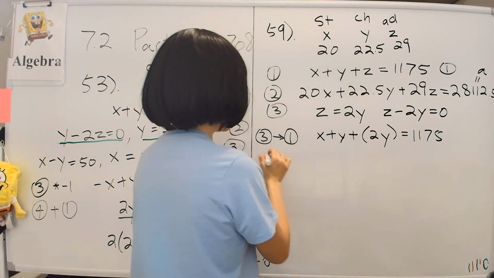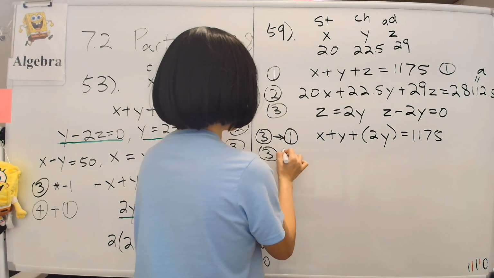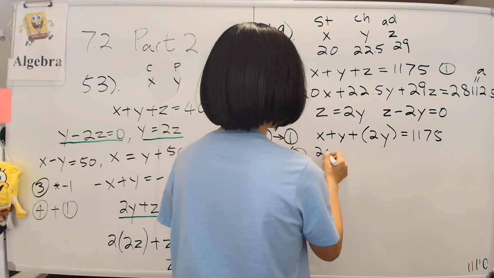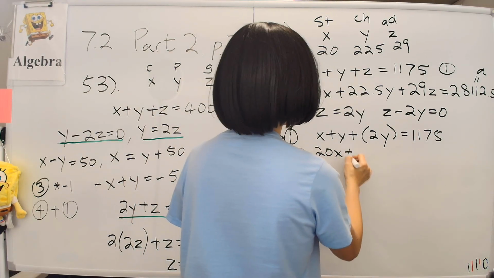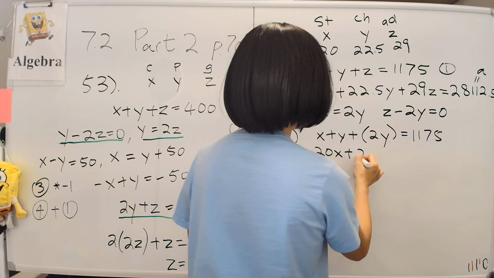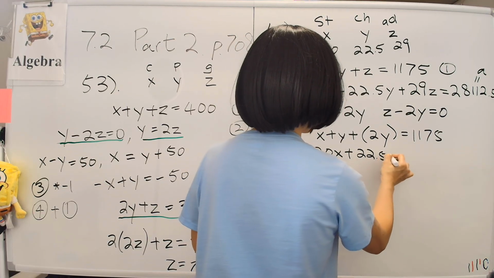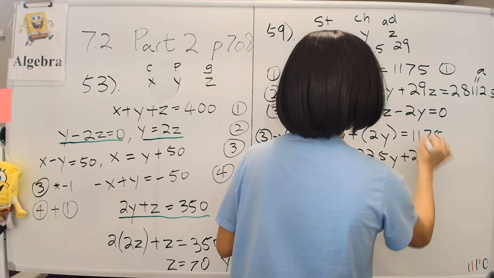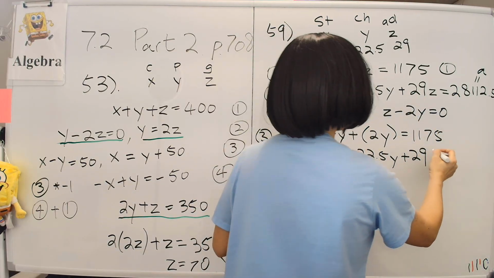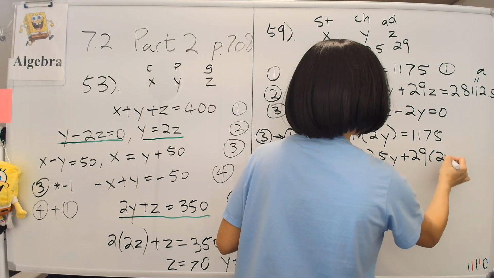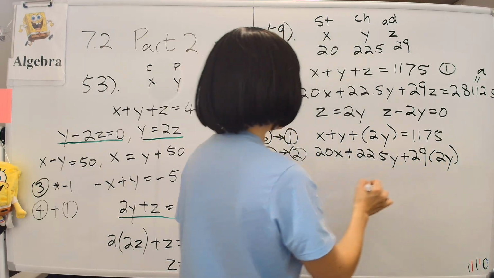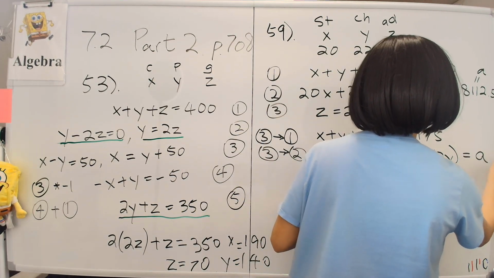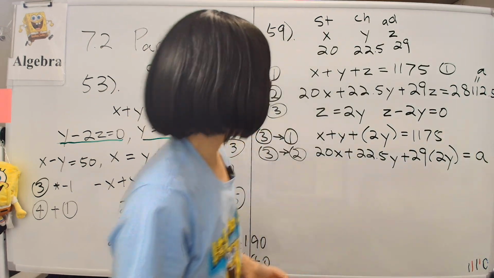Okay, and then equation 3 into equation 2, we have 20x plus 22.5y, and then plus 29 times z, which is again 2y, and that will be equal to the number there that I call A. We'll plug in A later in the calculator.